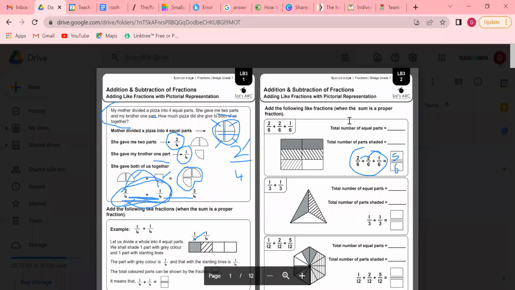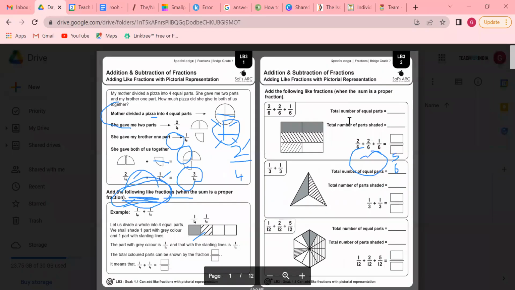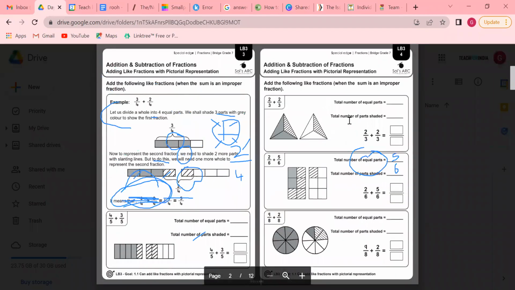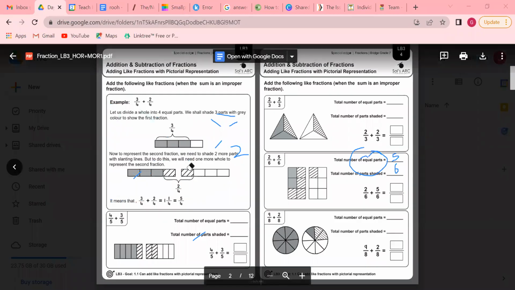Okay, this is the worksheet. If I go down, similarly here, you have to do the same thing. You have to again add the parts and use the same rule. This is a particular exercise which is more image-wise. They are showing how to add image-wise, but you can use the same rule and directly add it.